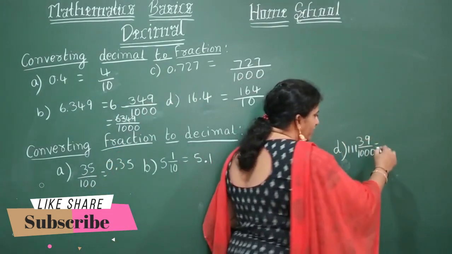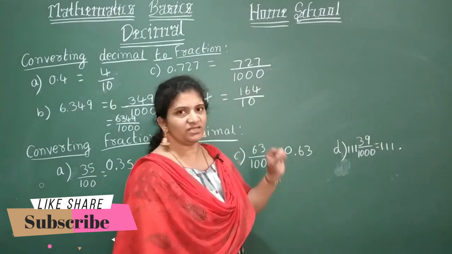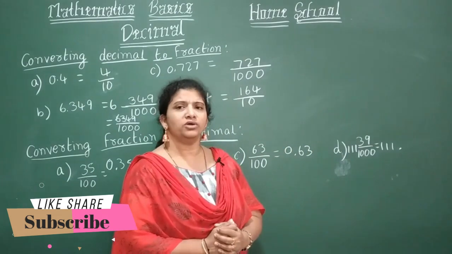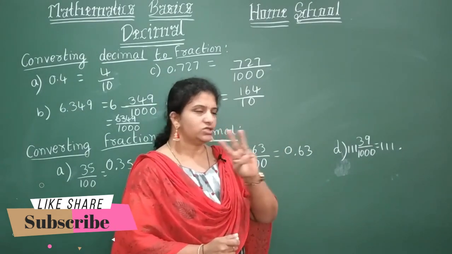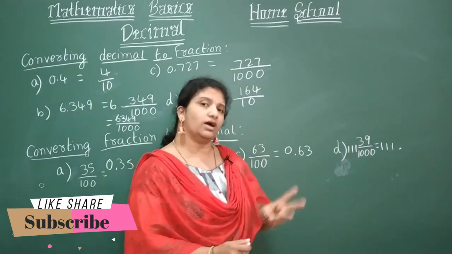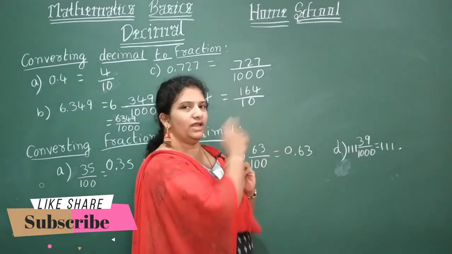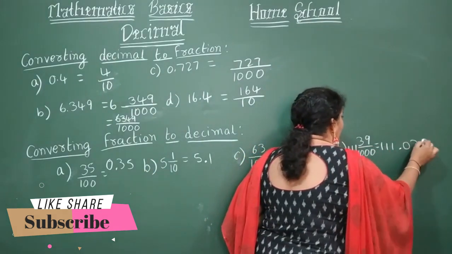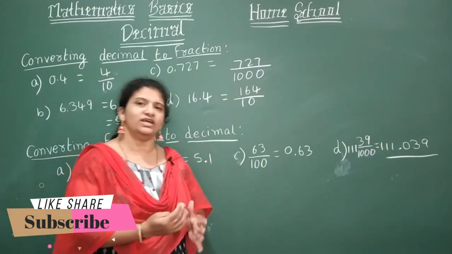Write the whole number first. 111 point. Fraction means point. 39 by 1000. How do you write 39 by 1000? 1000 means 3 places, but you have in your numerator only 2 digits. So for the third decimal place you have to put 0, not on the right side, on the left side you have to put 0. Look here, 0, 3, 9. This is the way we convert a fraction into decimal.